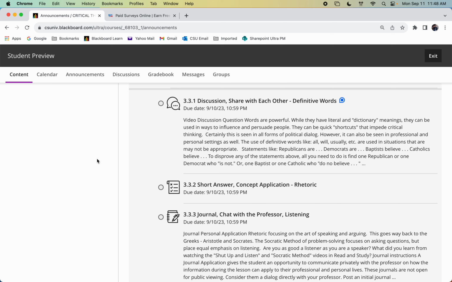When you use the word many or all, or sometimes they're implied, there's an implied many or all. When you just state, Democrats are, Republicans are, then you're implying all.